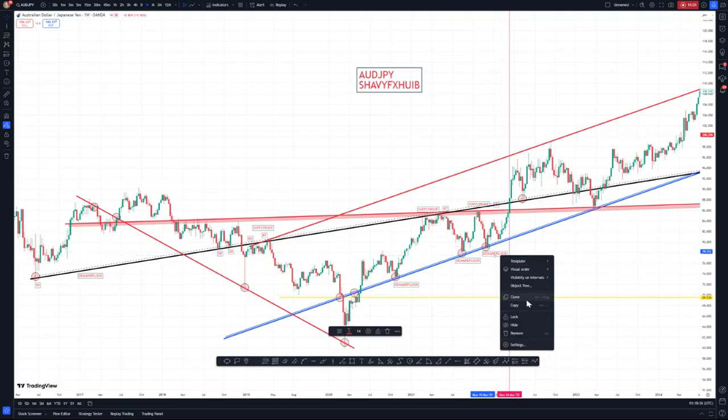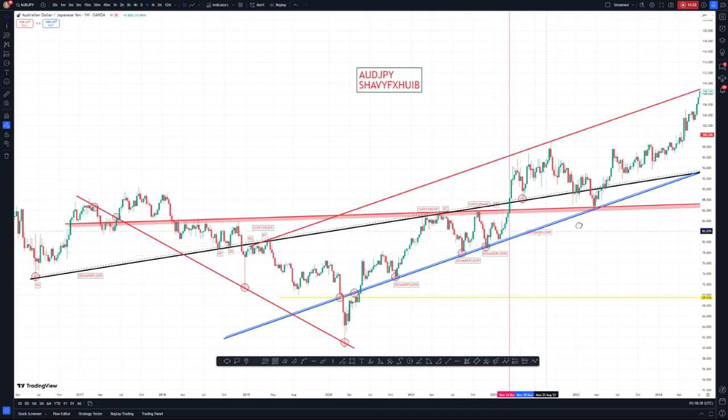And the last time we kissed the floor was in 2023. 2023 was the last kiss, which doubles as a double confluence. We had a double confluence, and we can also trace back to see where the double confluence came from.